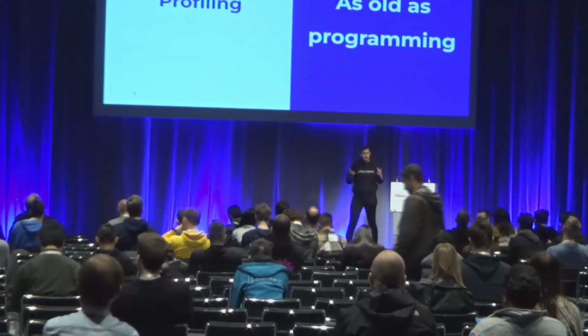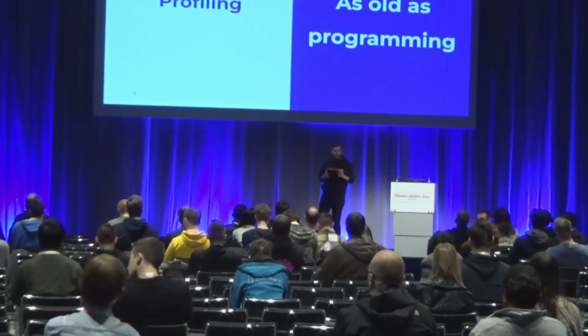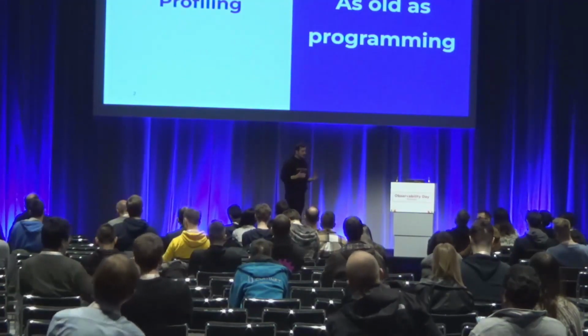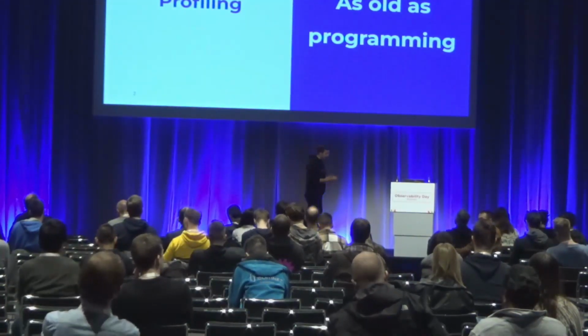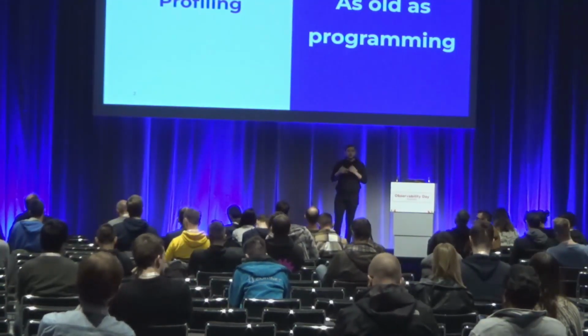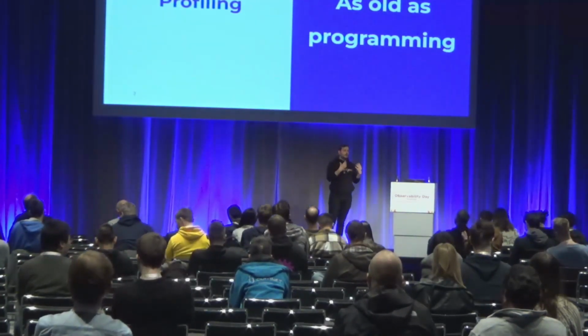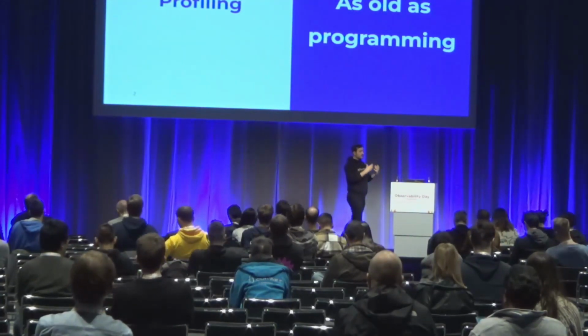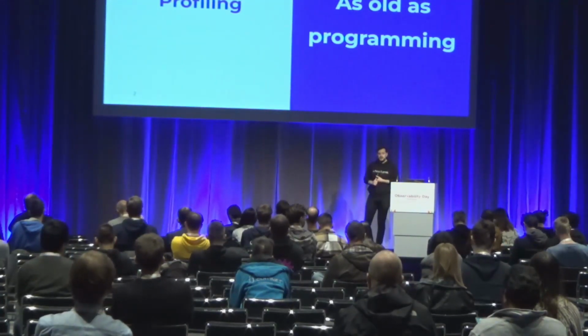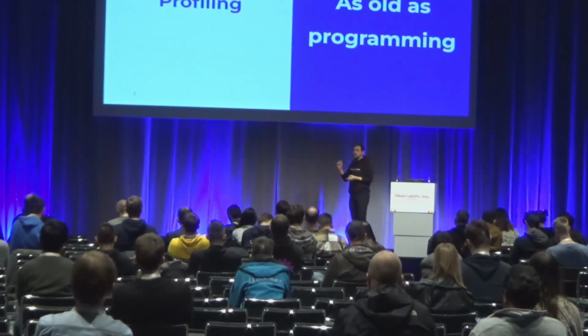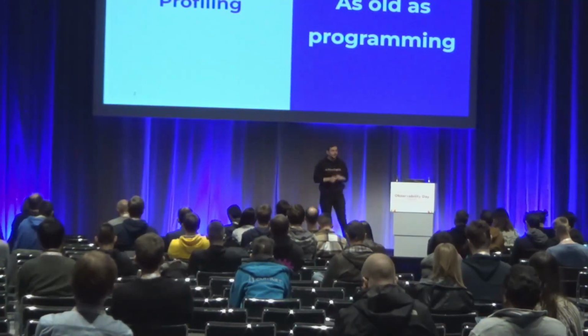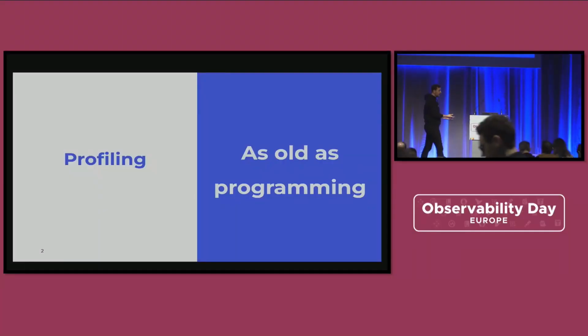What is profiling? Profiling is really as old as software engineering itself, because what profiling allows us to do is understand where resources of our software are being spent. So when our program is running, what pieces of code are using CPU, what pieces of code are using memory, what is allocating memory, what is holding memory, all of these kinds of things, in order for us to be able to improve it, right?